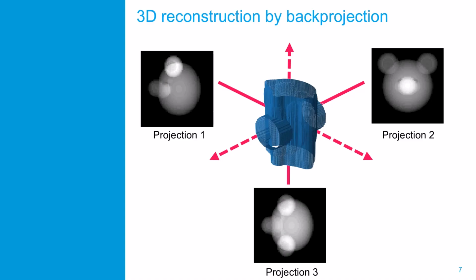As you can see, if the sampling that we have is sparse, so if we only have a few projection images corresponding to only a few unique views, then the quality of this 3D reconstruction will be very poor, and the reconstructed object will only remotely resemble the original 3D object that we were trying to reconstruct.